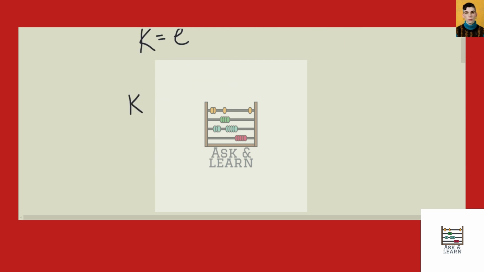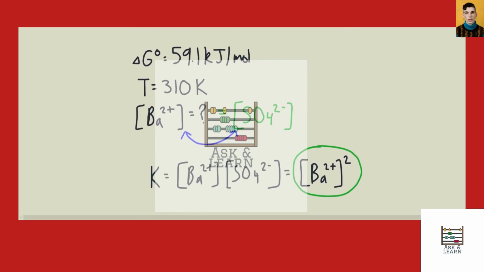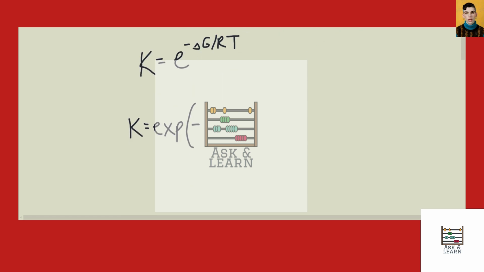So K equals e to the power of negative delta G, which we are given as 59.1 kilojoules per mole. But we should convert that into joules per mole so that we can cancel off the units of the constant R. So we should multiply that by 1,000 to get it from kilojoules to joules per mole.